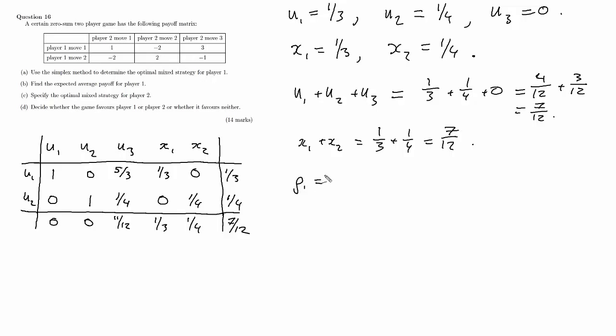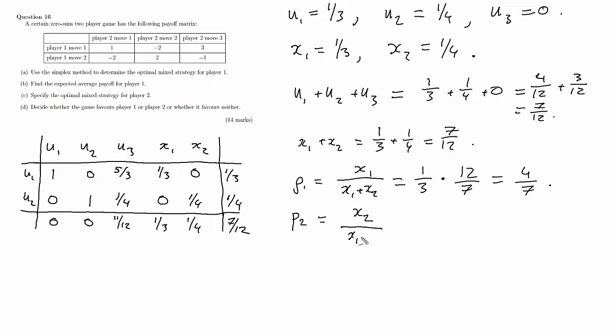The probability that player 1 should make move 1 is equal to x1 divided by x1 plus x2, which is 1 on 3 times 12 on 7, which is 4 on 7. The probability that player 1 should make move 2 is x2 on x1 plus x2, which is 1 on 4 times 12 on 7, which is 3 on 7.